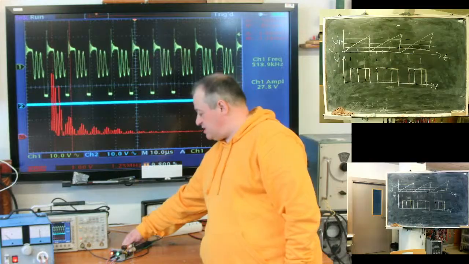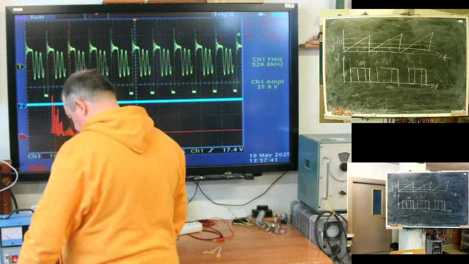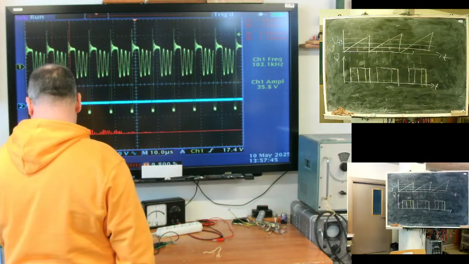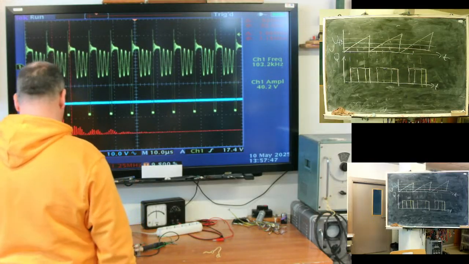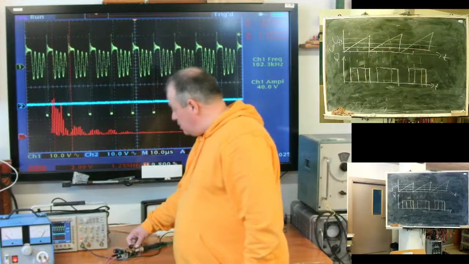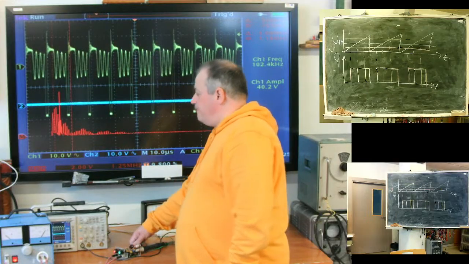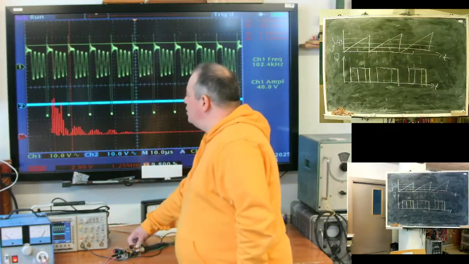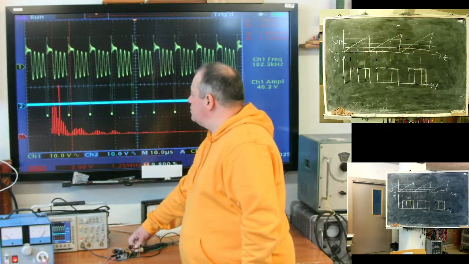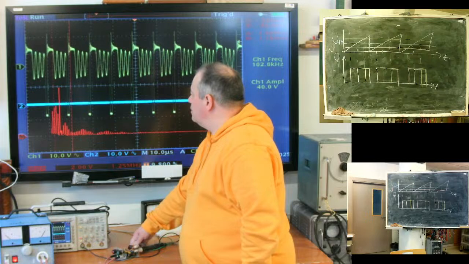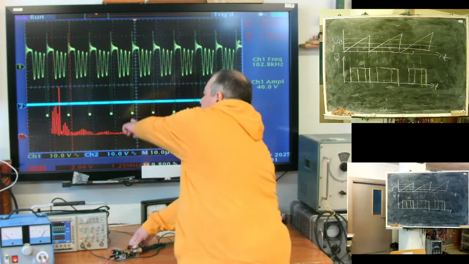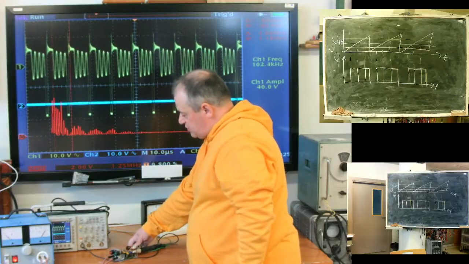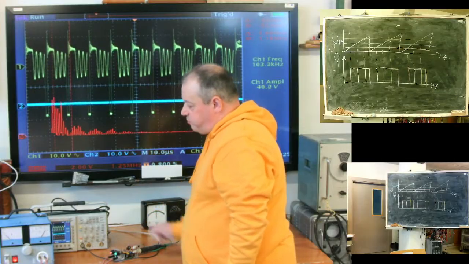Decrease, increase. You can see change in pulse duration. This is action of PWM. Load changes, duration of pulse change.